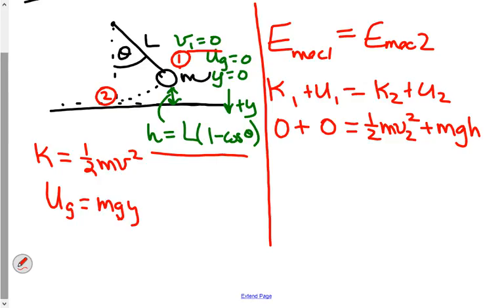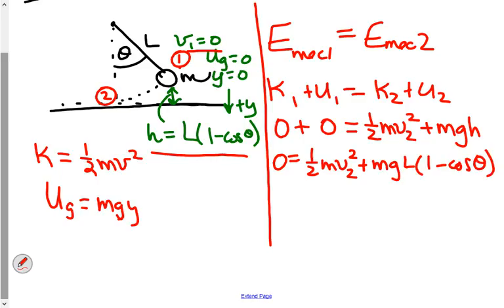Okay. So I've got 0 is 1/2 m v2 squared plus mgL times 1 minus cosine theta. What can I do here? I can cancel out the masses, and I can bring one over to the other side. So I've got negative 1/2 v2 squared is equal to gL times 1 minus cosine theta.